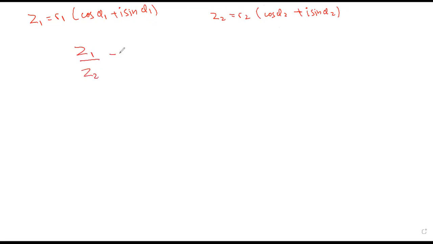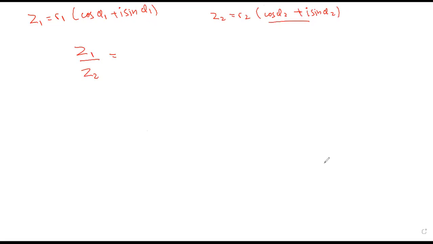I will not do all the calculations, but you will follow a similar pattern: you multiply with the conjugate of this complex number because it is coming in the denominator.